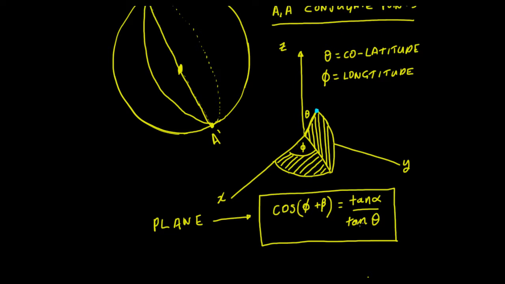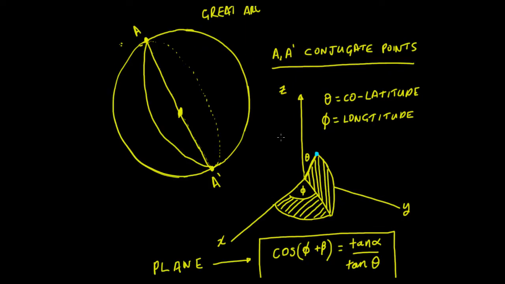Now if we were to draw that out, let's say the blue point is a point on a sphere, with the z-axis, x-axis and y-axis, then the point on the sphere is given by the angle phi. The angle phi is the angle around here, and it sits in the xy plane.